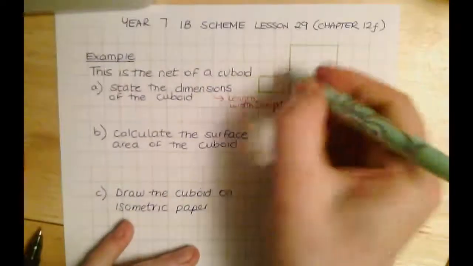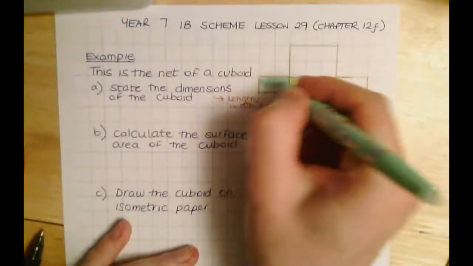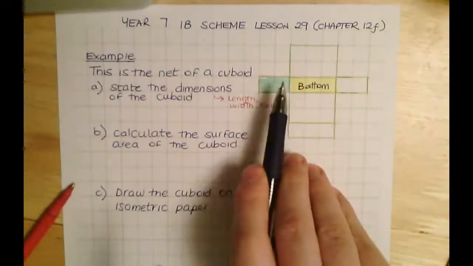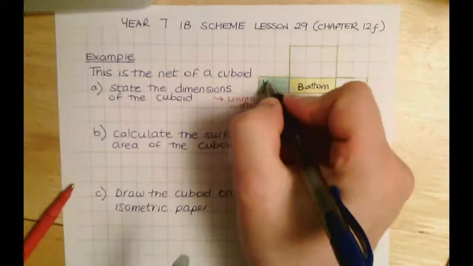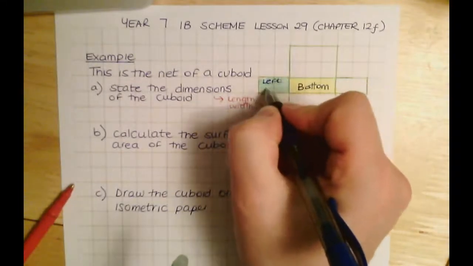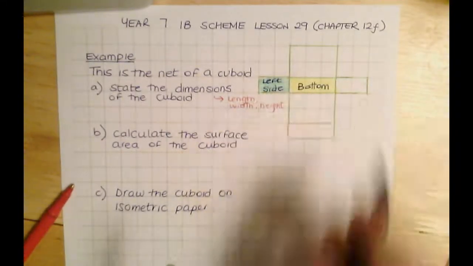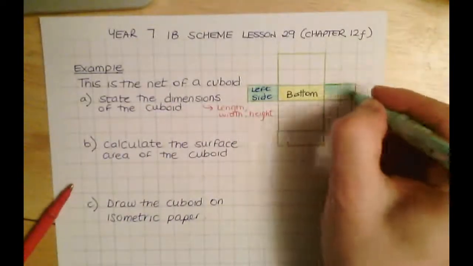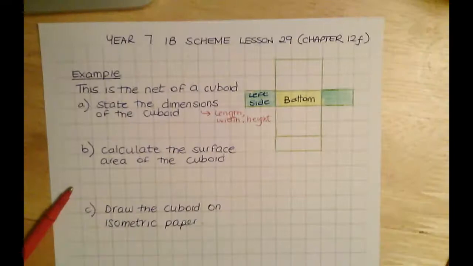This bit here, if I fold that shape, that side up, that is going to be the left side, which means, not surprisingly, this part here is going to be the right hand side.